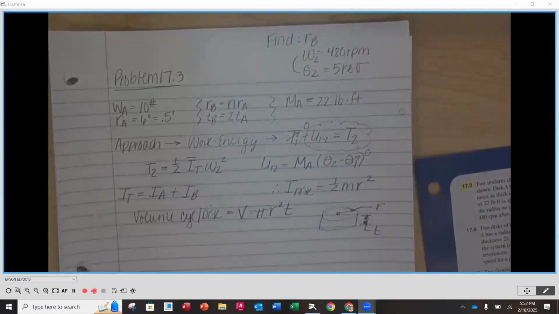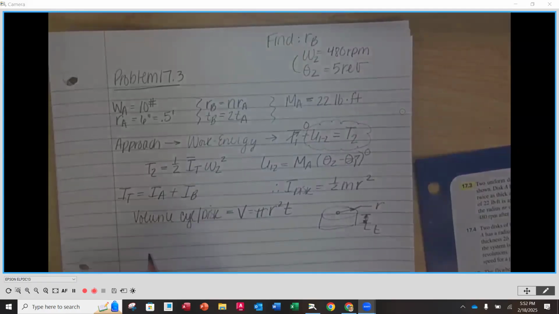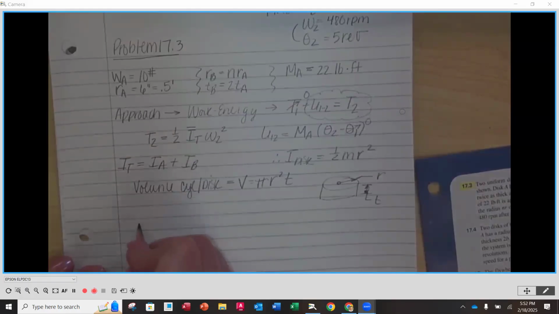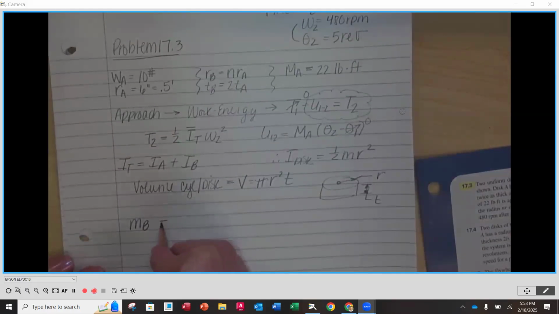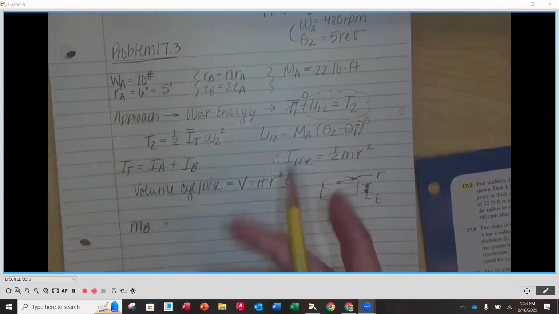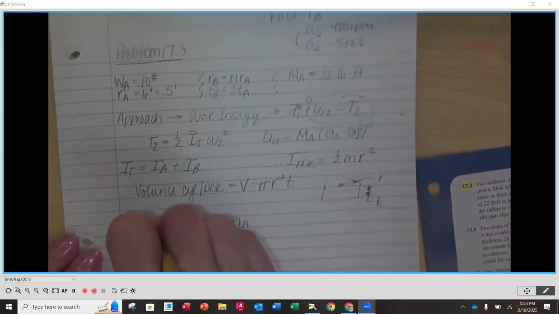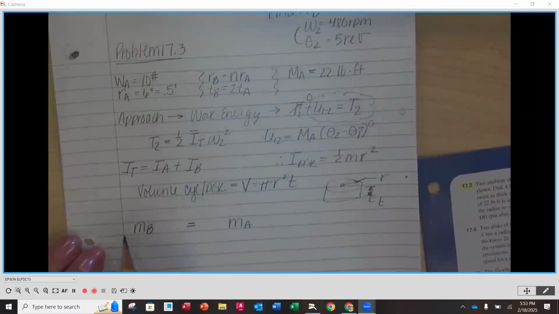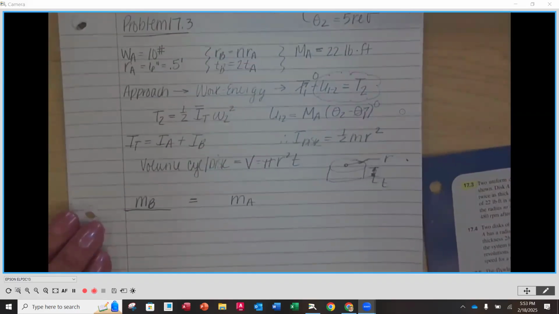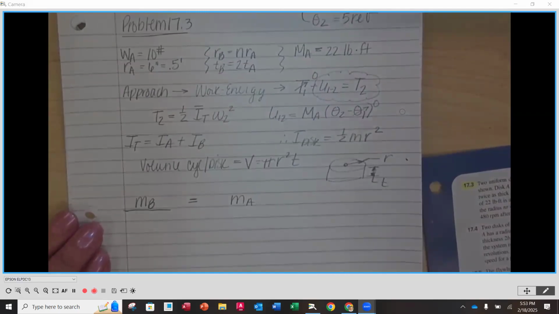So what we can do is we can set up a ratio where we say the mass of B is going to be, and I'm going to kind of put a little space here, equal to the mass of A over here. Now I'm not done on either side. And I want to put underneath here the equation for the volume of B.